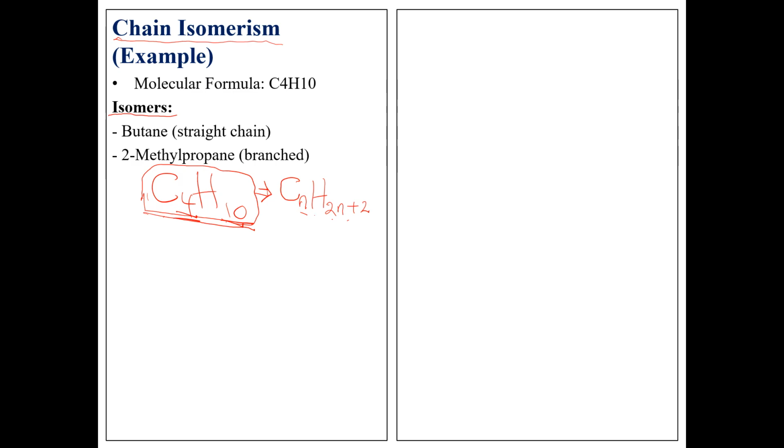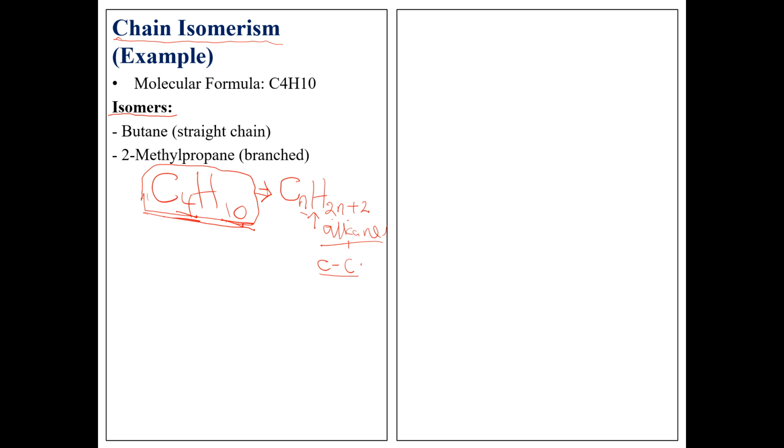Do you know the group of organic compounds which have this general formula? That's what we call the alkanes. We know that alkanes have the functional group of a single carbon to carbon bond. So that's what they have in common.